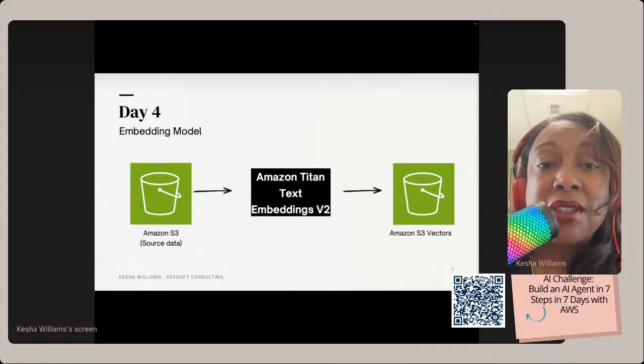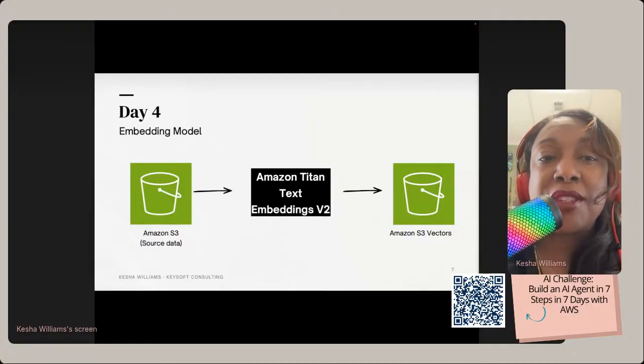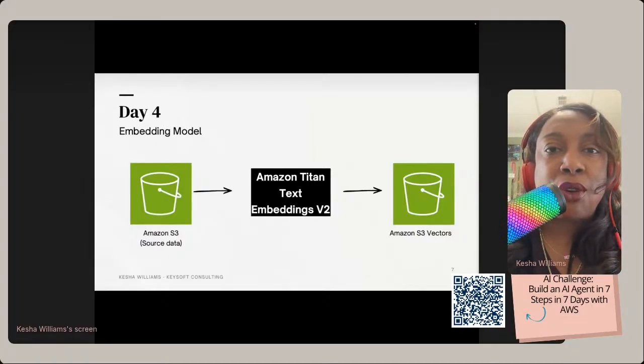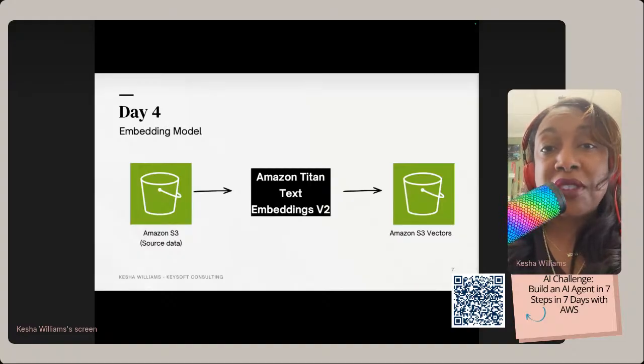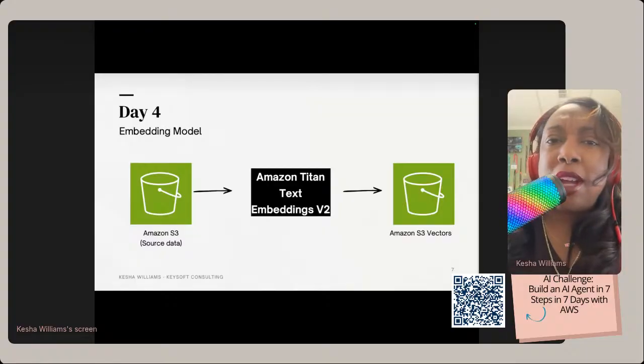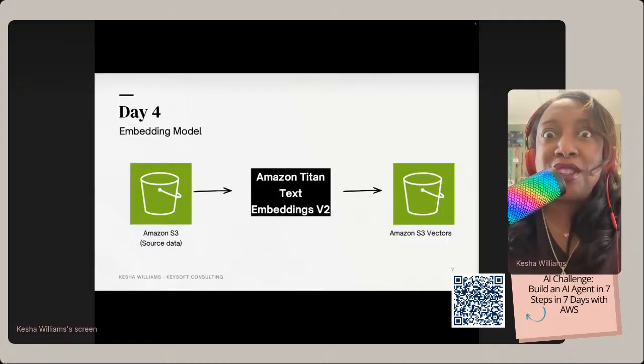Those vectors are stored for this challenge in Amazon S3 vectors. You do have the option to store them in OpenSearch Serverless and other services, but to try to keep costs down, I instructed you all to use Amazon S3 vectors.